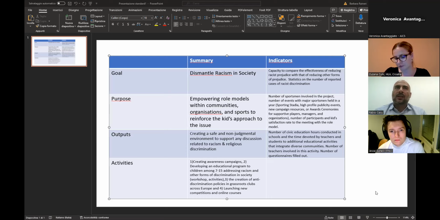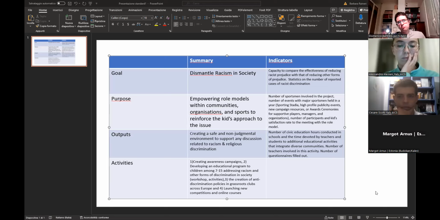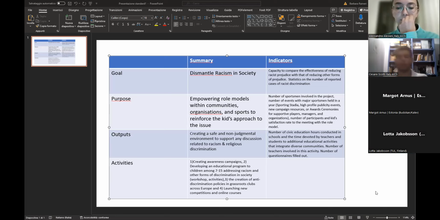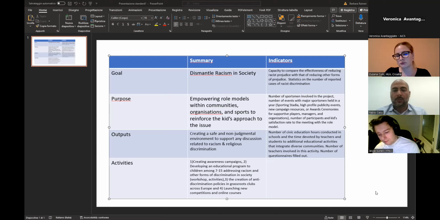So in your project, sport is never the final aim. Sport is something through which you can reach some bigger goals. At the end, the goal is the community, because remember that Europe, as European Union, there is a European Union, but there are still a lot of differences between countries.